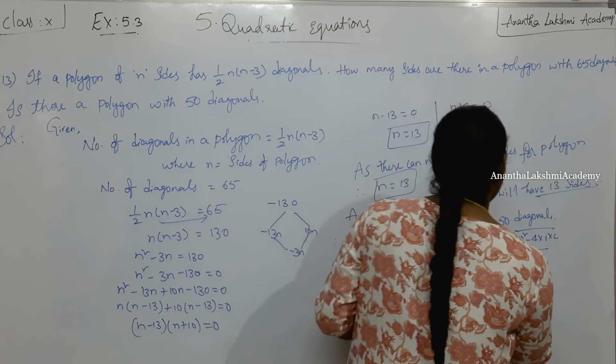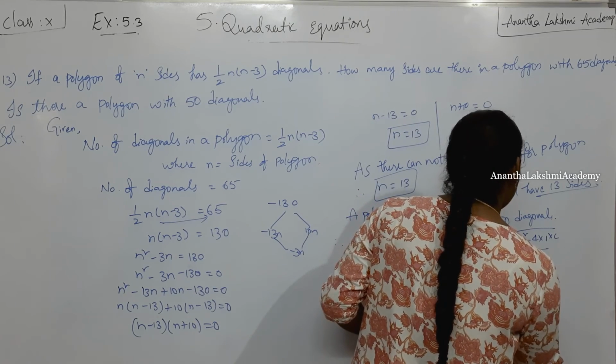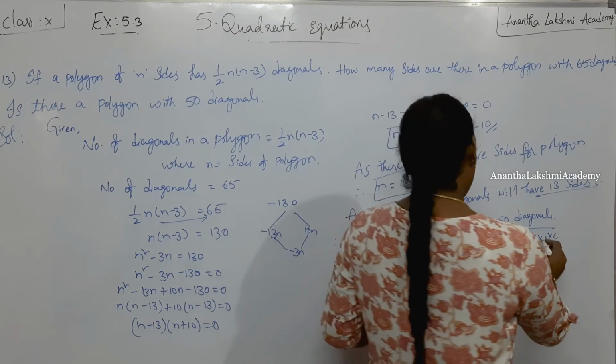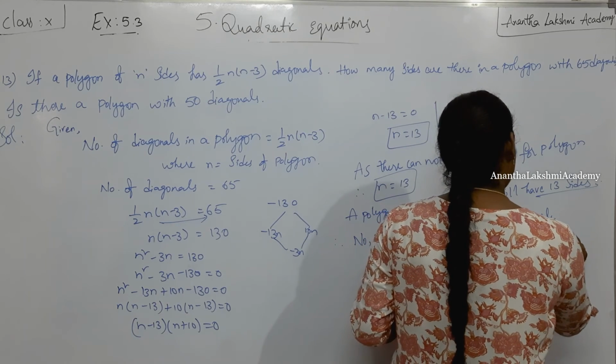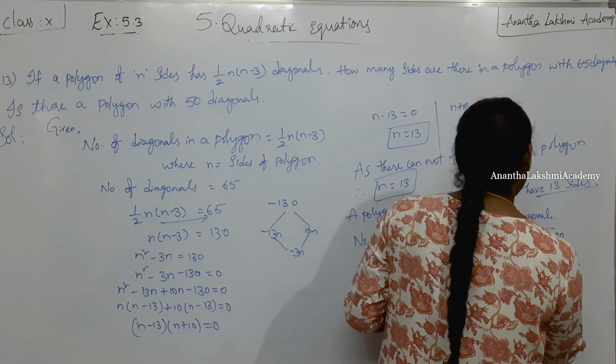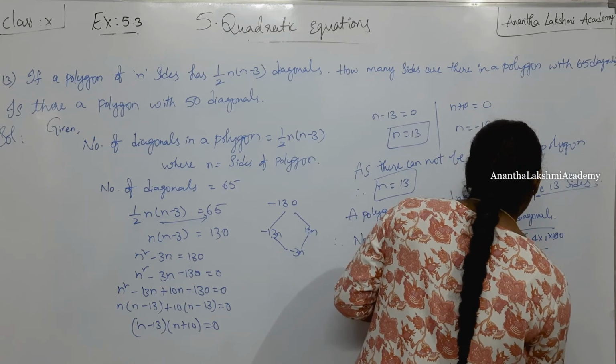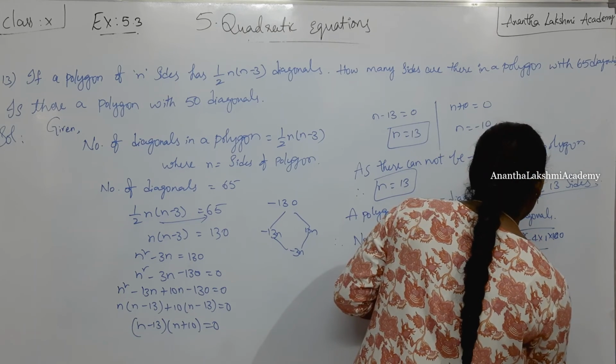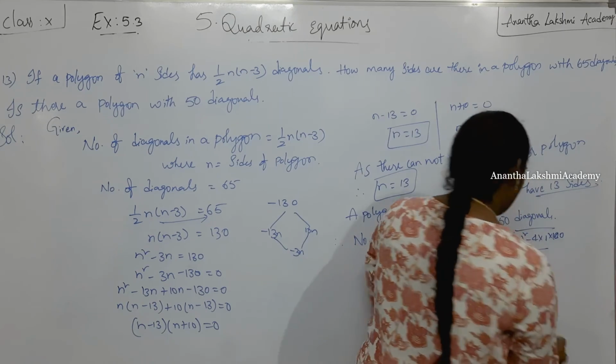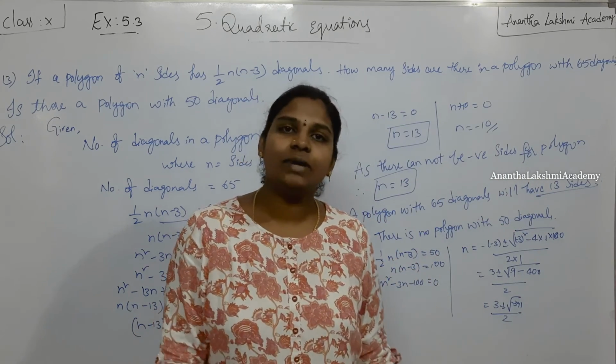Which is nothing but 3 plus or minus the square root of 3 square, which is 9, minus 4 into 1 into c, which is 100, no? So 9 minus 400, all by 2. 3 plus or minus the square root of minus 391, divided by 2. The square root of a negative term cannot be defined.